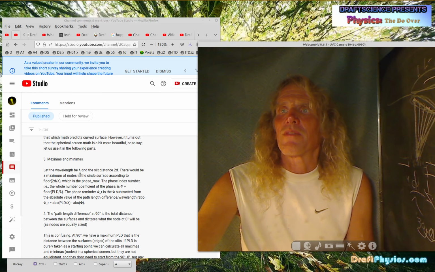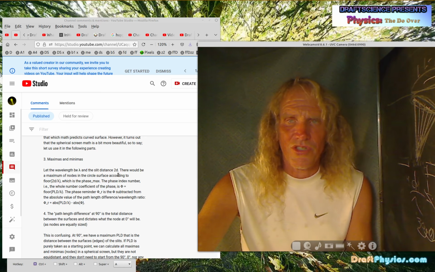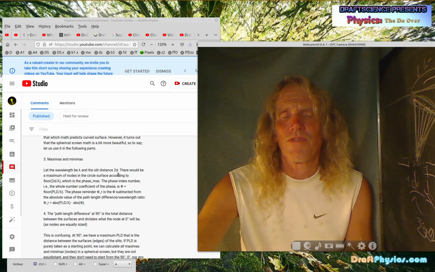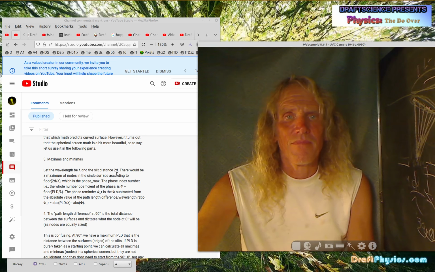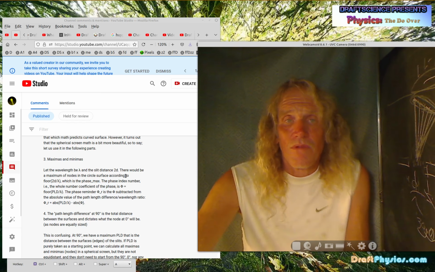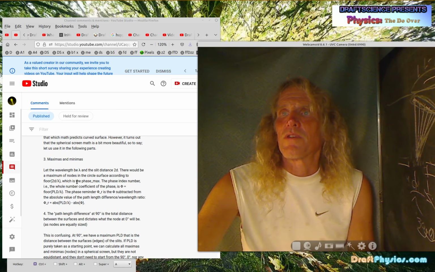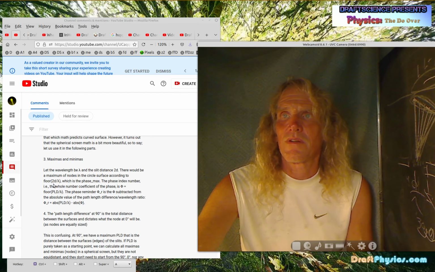Let the wavelength be lambda and the distance 2d. So again with this 2d horse shit. So just make it confusing for no good reason. So when he's saying 2d, he's really meaning 1d, the distance between the surfaces. Why fuck it up? There would be a maxima of nodes in the circle surface according to floor, 2d divided by lambda.